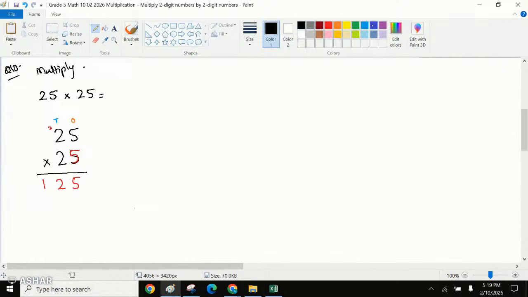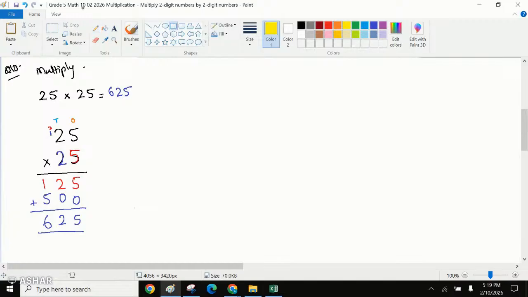When we multiply the tens with anything, we put a 0. 2 multiplied by 5 was 10. We carry a 1. 2 multiplied by 2 was 4 plus 1 is 5. When we are adding them together, 5 plus 0 is 5. 2 plus 0 is 2. And 1 plus 5 is 6. So 25 multiplied by 25 is 625.